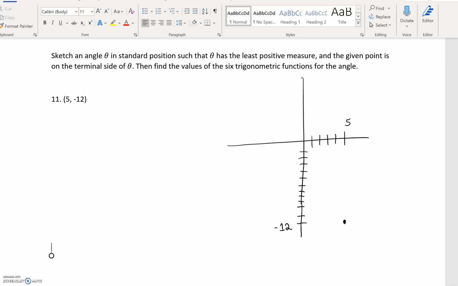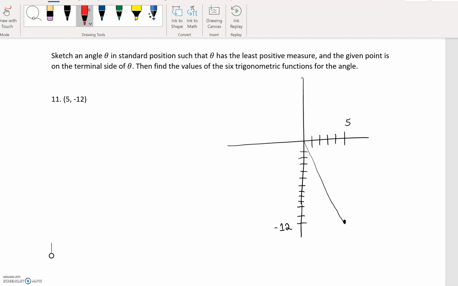That means it starts at the positive x-axis, and it has to have the least positive measure. So your angle theta associated with this point here is going to be this angle right here in the red. This question then asks you to find the values of the 6 trigonometric functions for this angle.